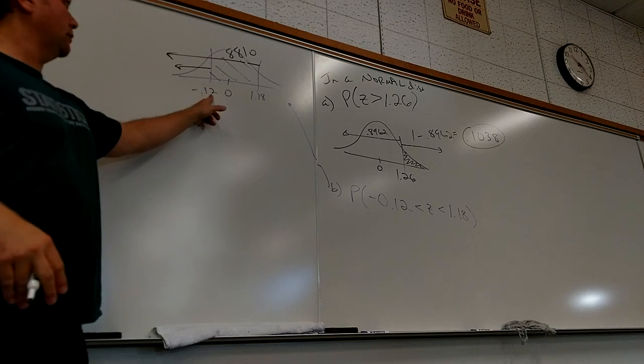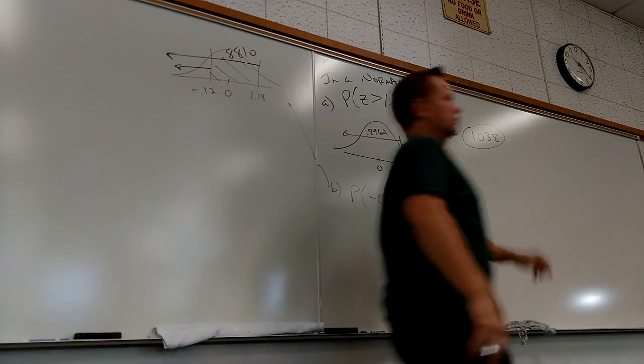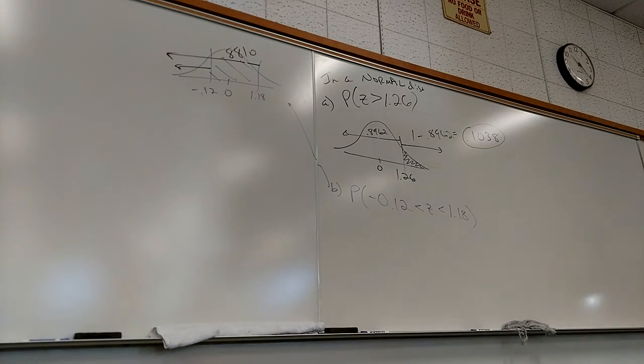Now what's the area below negative 0.12? Negative 0.10. Negative 0.11. Negative 0.12. Get used to that right now. Like 2 left. All right, there's 2. So 0.4522.